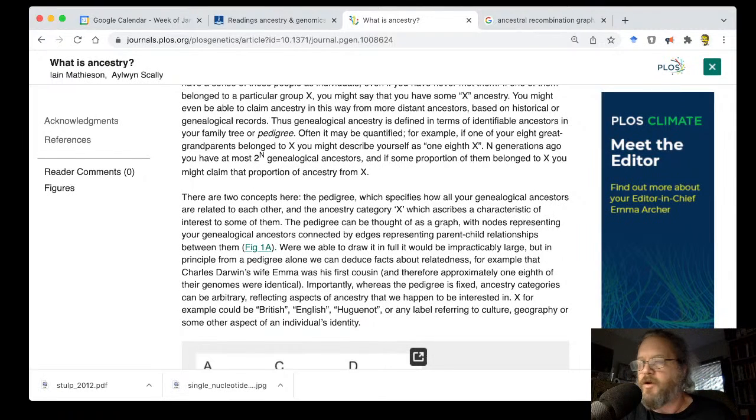You can do a quick calculation of about how many ancestors you have by just taking 2 and raising it to the power of n, where n is the number of generations. And then it says somewhere in here that this is an upper limit to the number of ancestors.